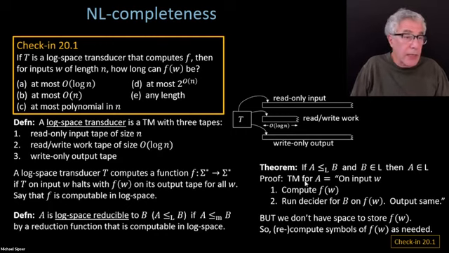It's got to halt with the output on the output tape, and so it'll be disqualified as a log space transducer if it doesn't. So it can't be anything longer than polynomial. It's a good thing to think about, to understand.